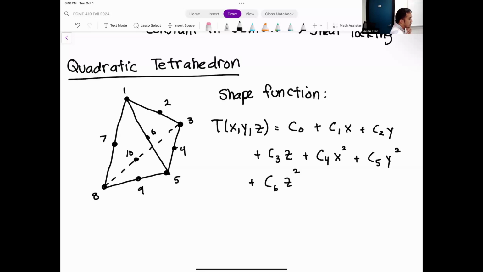Our last 3 terms are going to be all of the cross terms. So any combination of x times y, y times z, x times z, always. We have C7 x times y, C8 x times z, and C9 y times z.